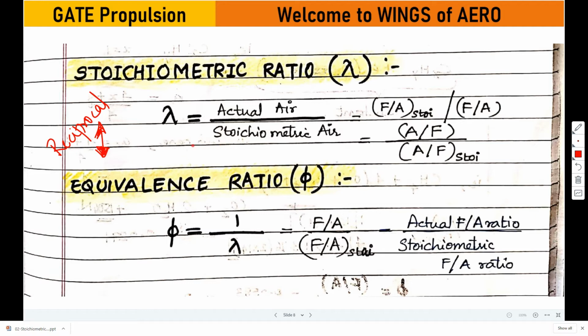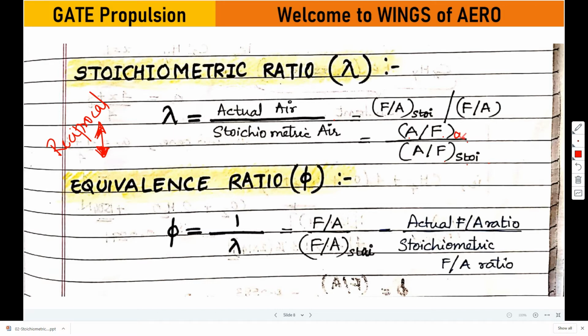Now what is lambda? Lambda, the stoichiometric ratio, is the ratio between the actual air and the stoichiometric air. This can also be written as the air-fuel mixture divided by the air-fuel mixture of the stoichiometric.